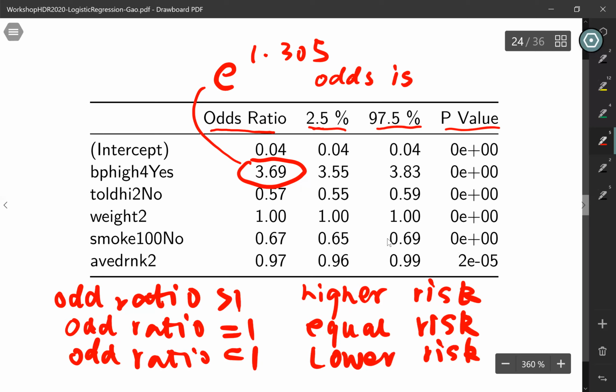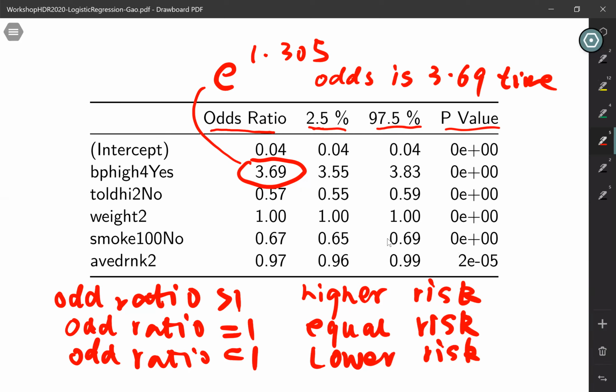is 3.69 times that of the patient without high blood pressure. So odds is 3.69 times. Now you get rid of the log, remember, so this is easier to explain.